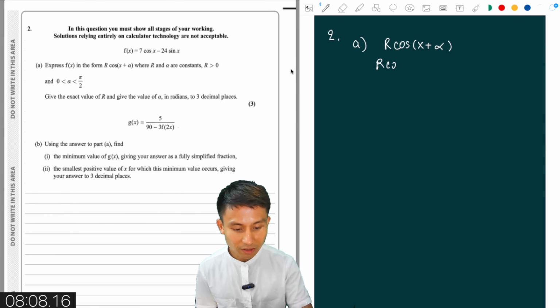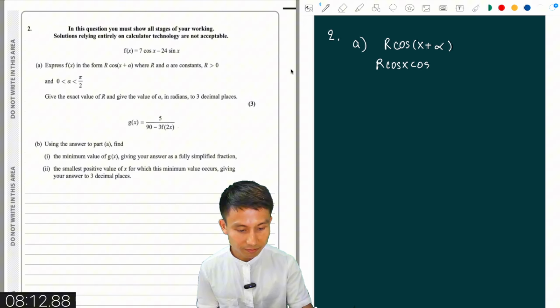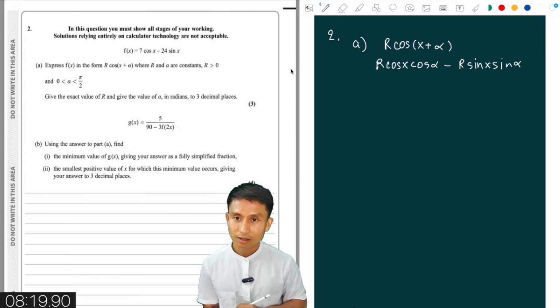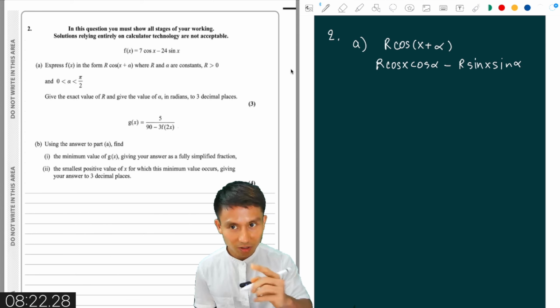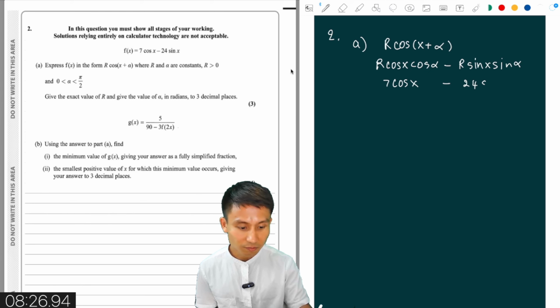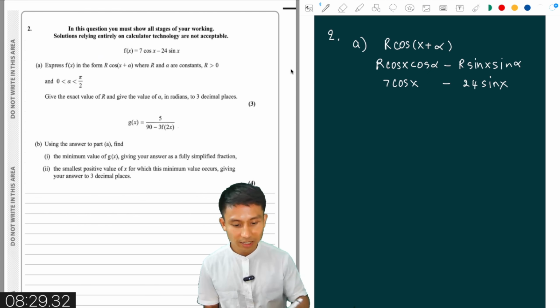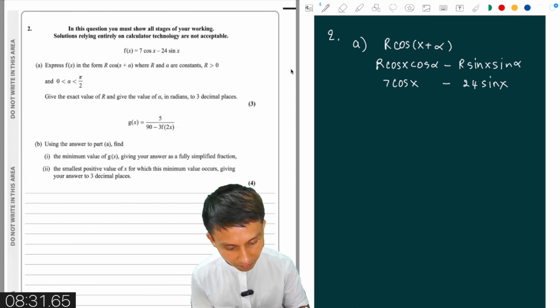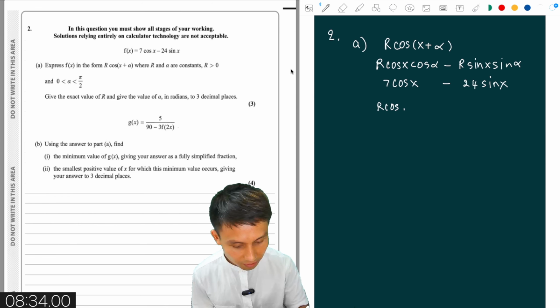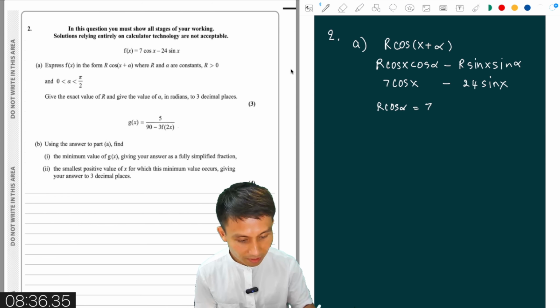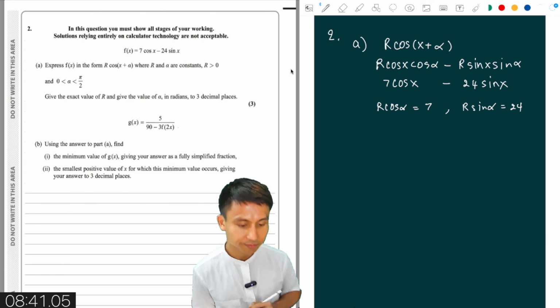Then we get r cos x cos alpha, this is the addition formula, minus r sin x sin alpha. Okay. Now the 7 cos x, yeah, if you compare the coefficients for both of them, then you see that r cos alpha will be 7 and r sin alpha will be 24.